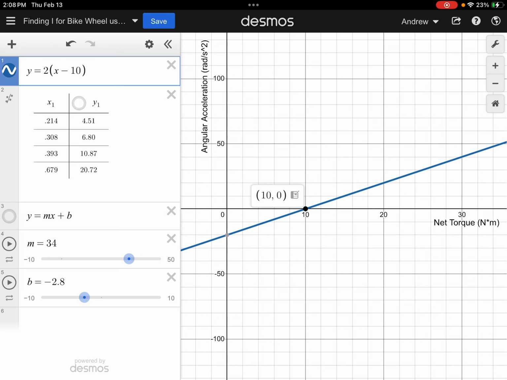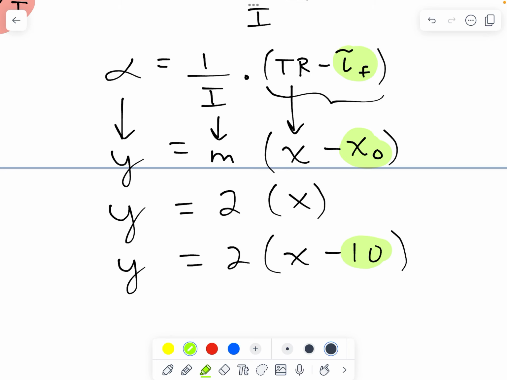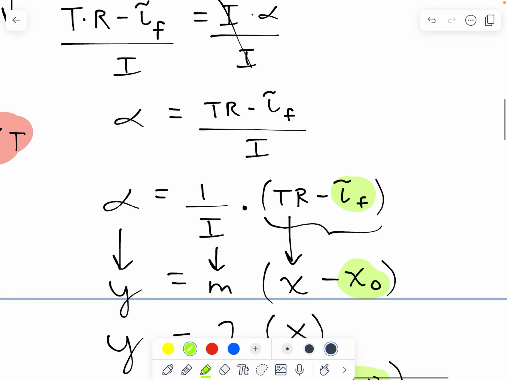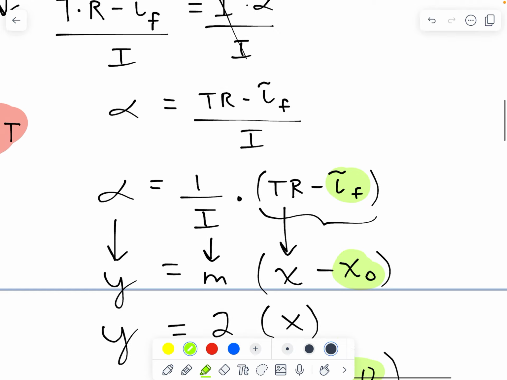The mathematical meaning is that it's that number in parentheses. So in our situation, if you notice, this minus torque F part of the expression shows up in parentheses. That is the horizontal shift. So if we get that horizontal shift from the graph, that is the amount of internal torque.